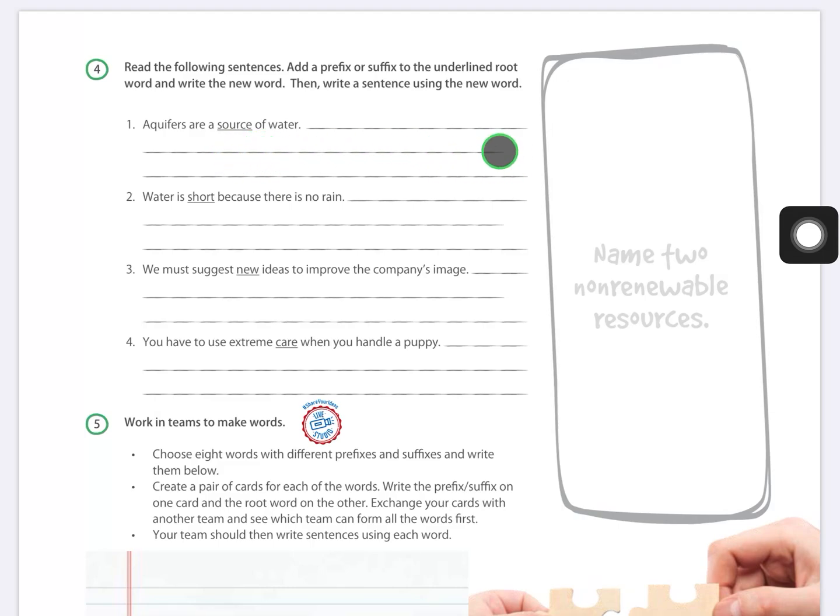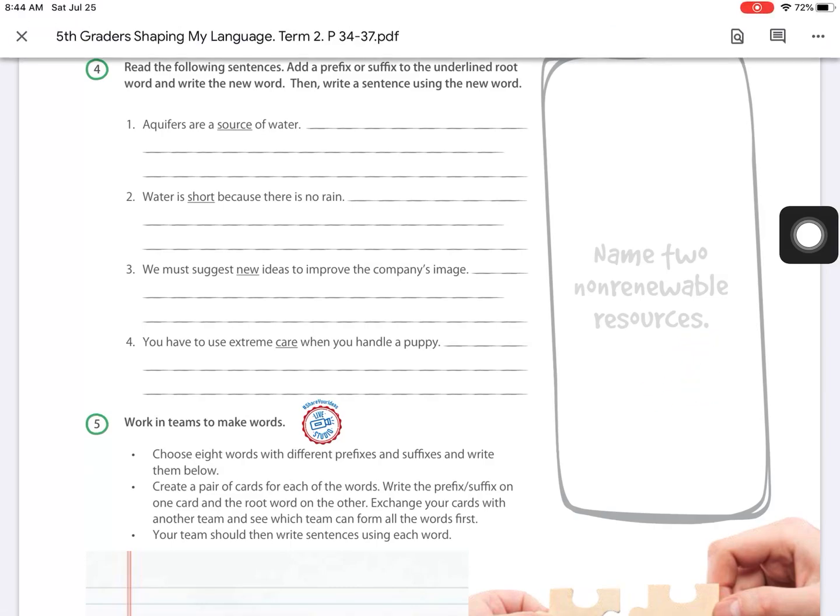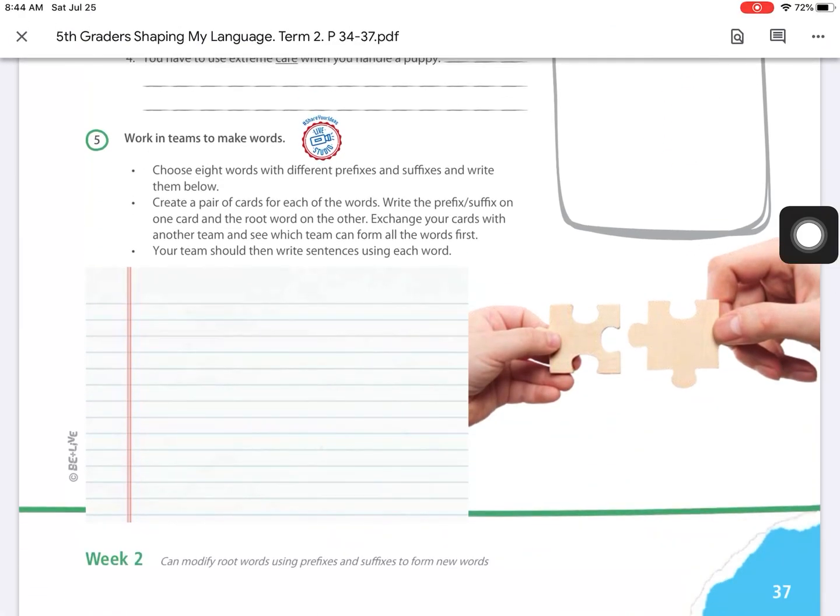It could be the same thing with number 2, number 3, and number 4. Here you are going to make a little drawing about two non-renewable resources that are used just one time and no more. In point number 3, we have working teams to make words.